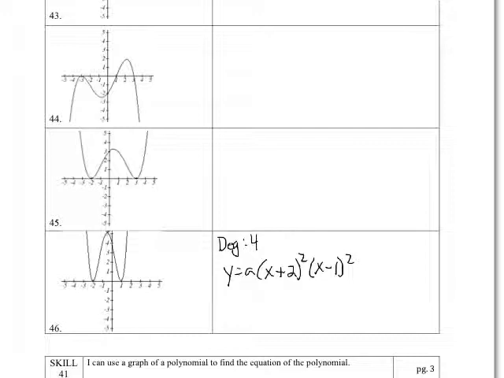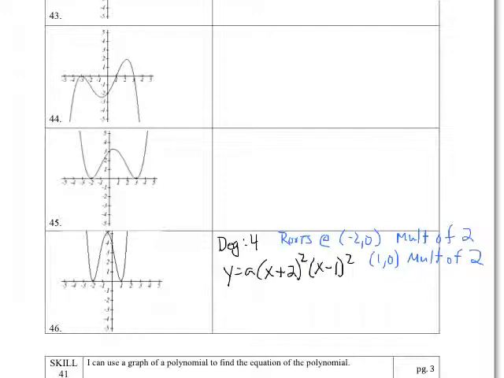That's because our roots happen twice at each of those. So we have roots at negative 2, comma 0, multiplicity of 2, and 1, comma 0 with a multiplicity of 2.